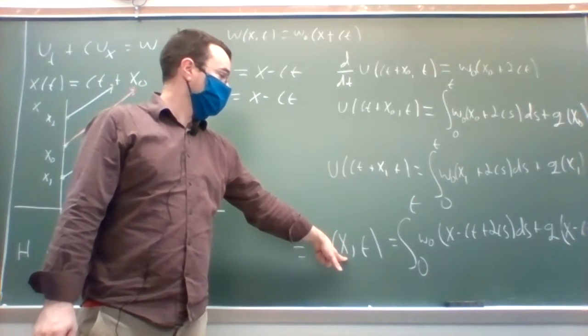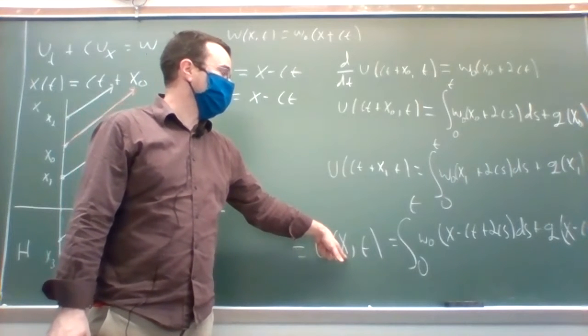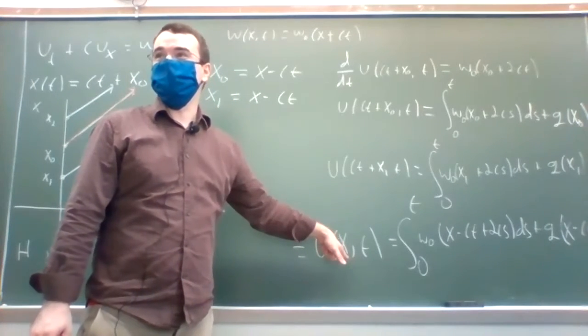You can't just drop the variable for no reason and then say all of a sudden this is an independent variable, doesn't depend on t.